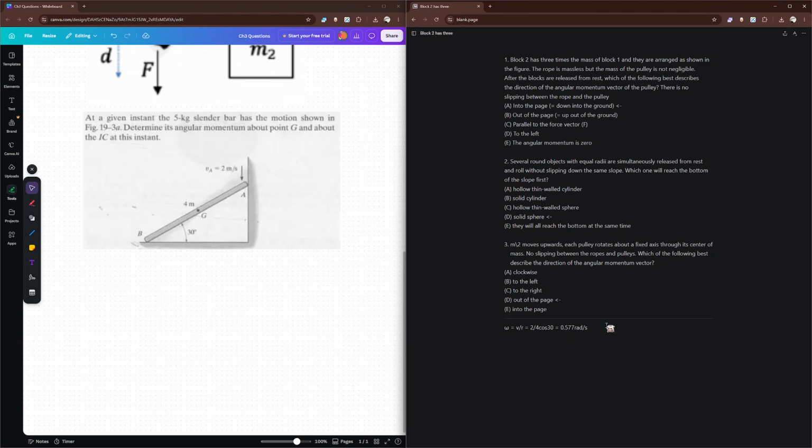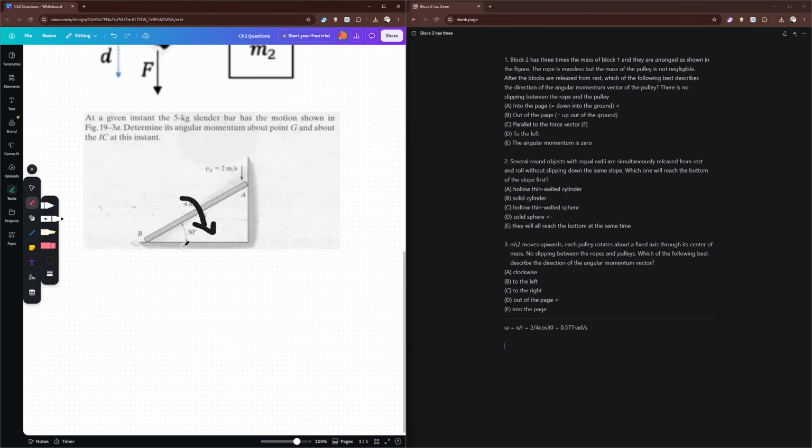Which gives you an angular velocity of 0.577 radians per second, right? And as we know about angular velocity, it's the whole body's. So you can take your angular velocity here at G, you can take it at A, you can take it at G over 2, whatever, right? You can take it anywhere.